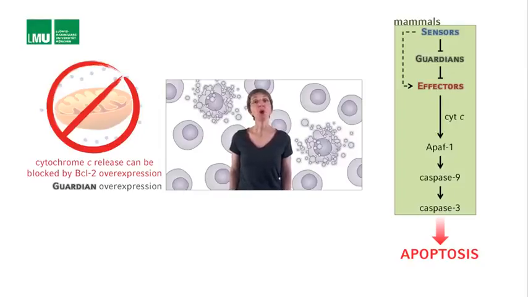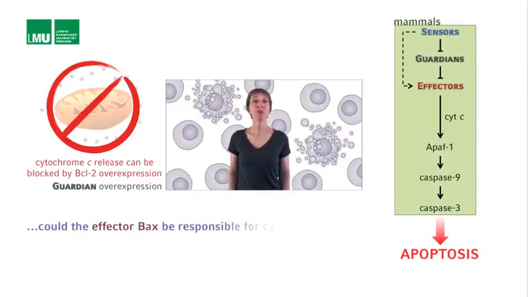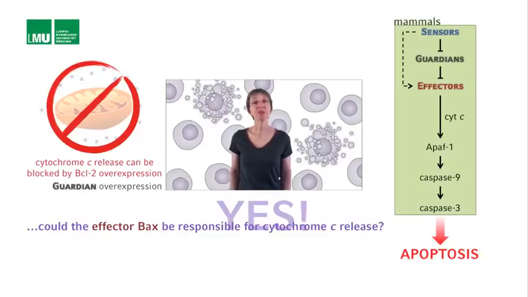If BCL2 overexpression can block cytochrome C release, could it be that BAX can induce cytochrome C release? Indeed, soon after it was shown that BCL2 overexpression can block cytochrome C release, it was demonstrated that BAX expression can induce cytochrome C release in the absence of apoptotic stimuli.